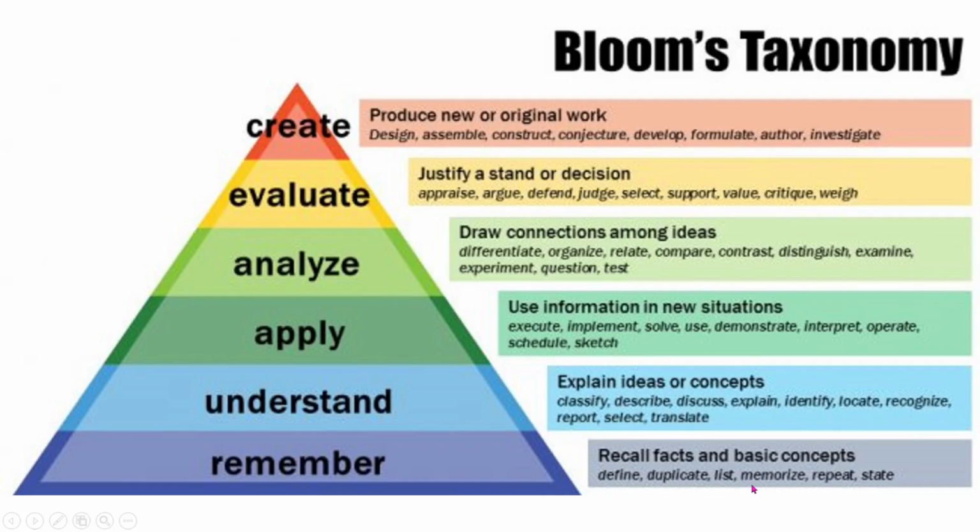The next level is understand. Understand means explain ideas and concepts. For explaining ideas and concepts, we use the verbs classify, describe, discuss, explain, identify, locate, recognize, report, select, and translate.